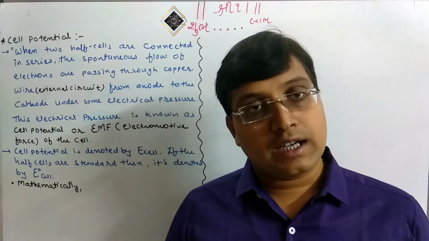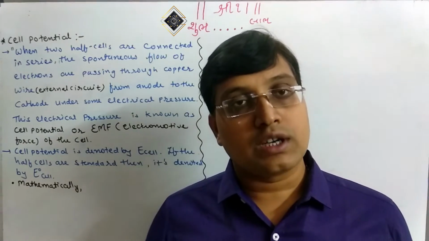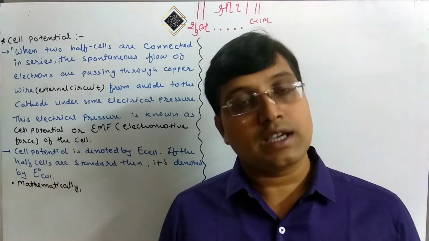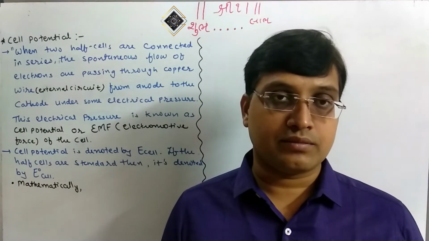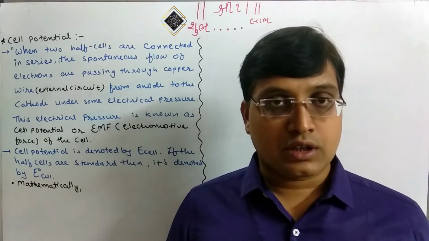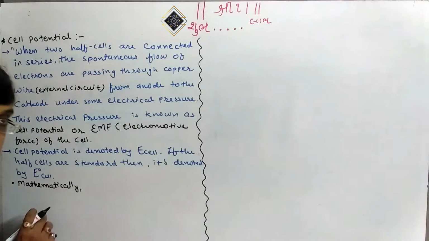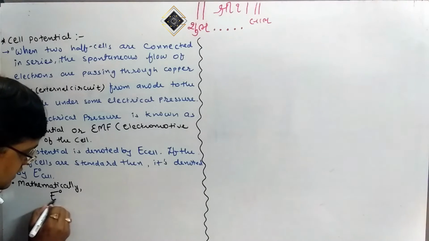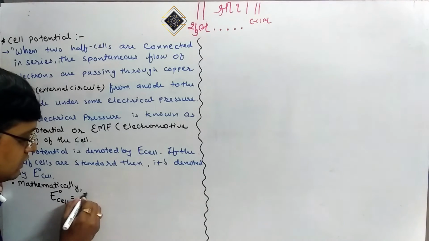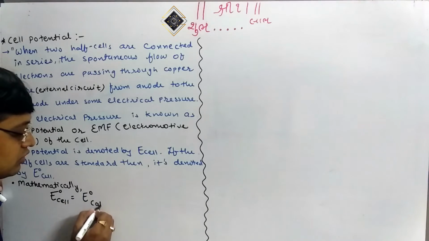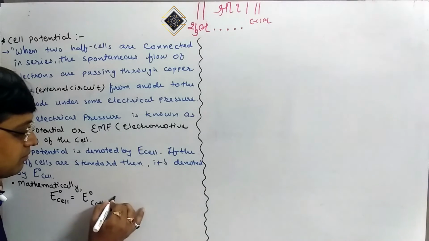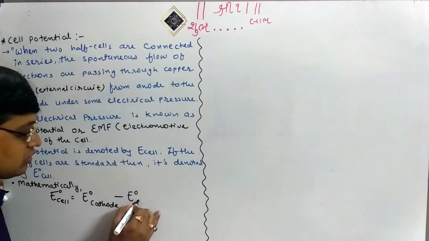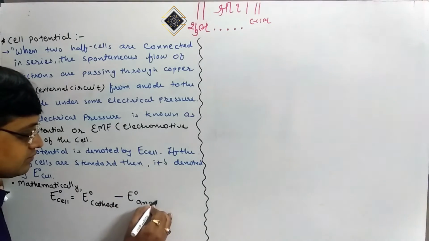Because the relative intensity to gain electron of the cathode is more than the anode. Clear? Confirm? Okay. So mathematically, E0 cell is equal to E0 of cathode minus E0 of anode.